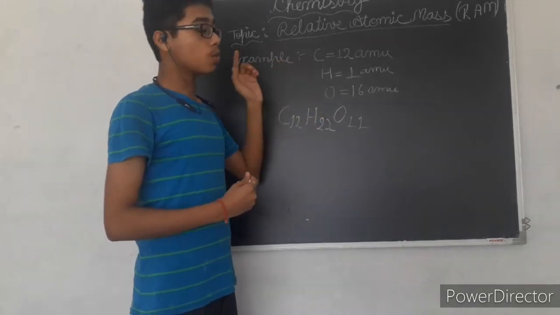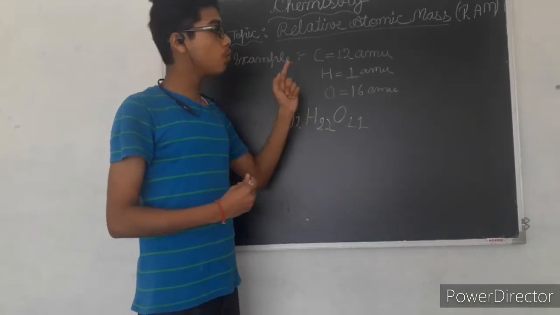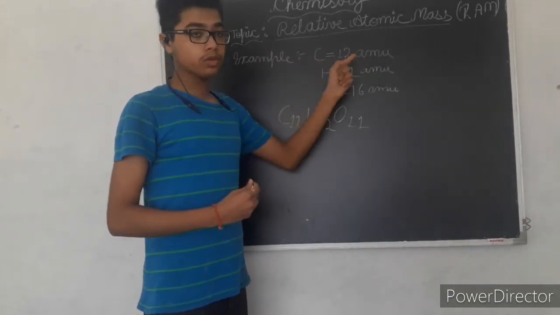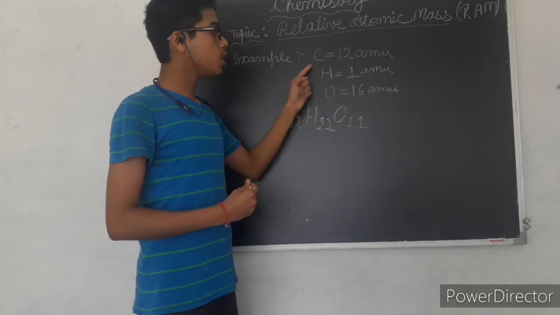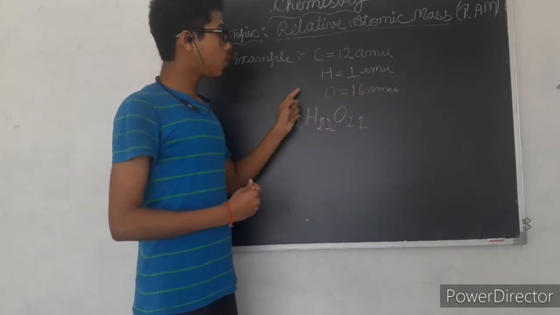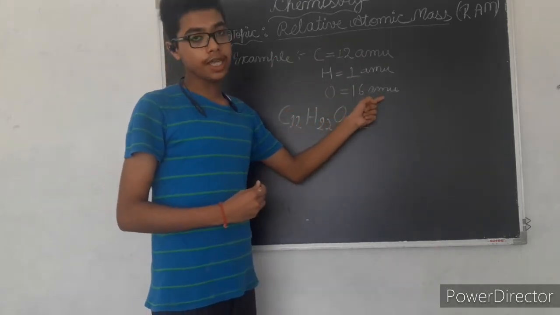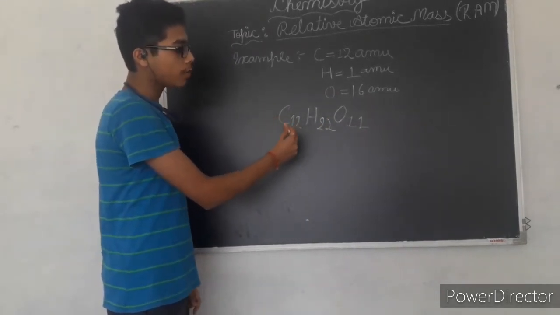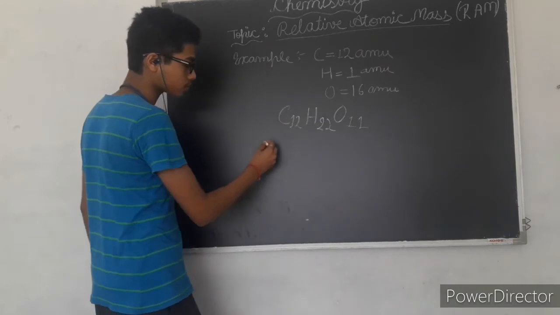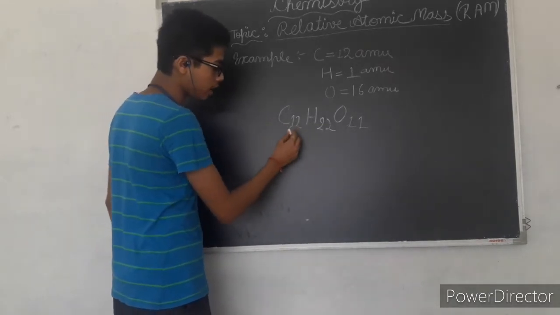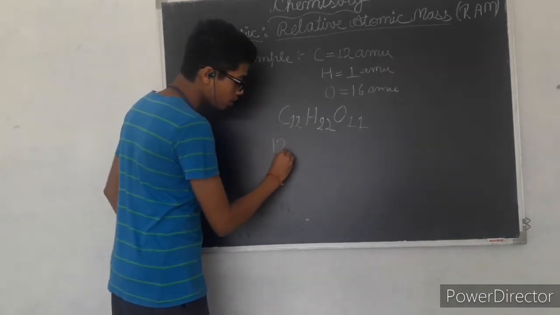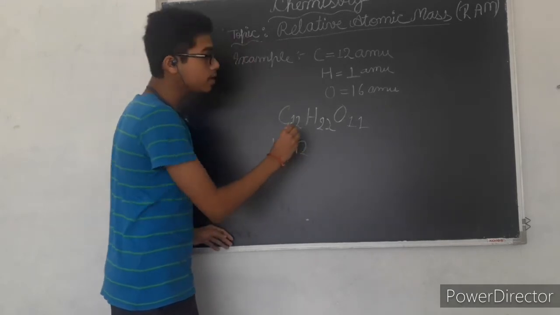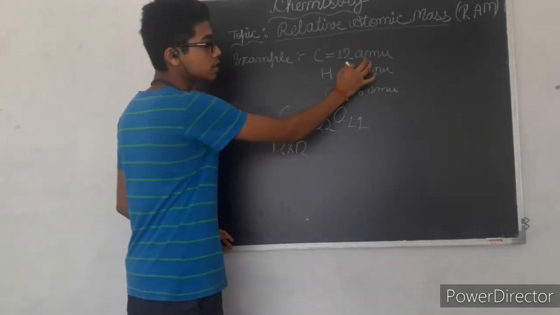So for carbon, one atom of carbon weighs 12 AMU, one atom of hydrogen weighs 1 AMU, and one atom of oxygen weighs 16 AMU. So now let us take out the relative atomic mass of this compound. For C12, I have told you for one atom it is 12 AMU.